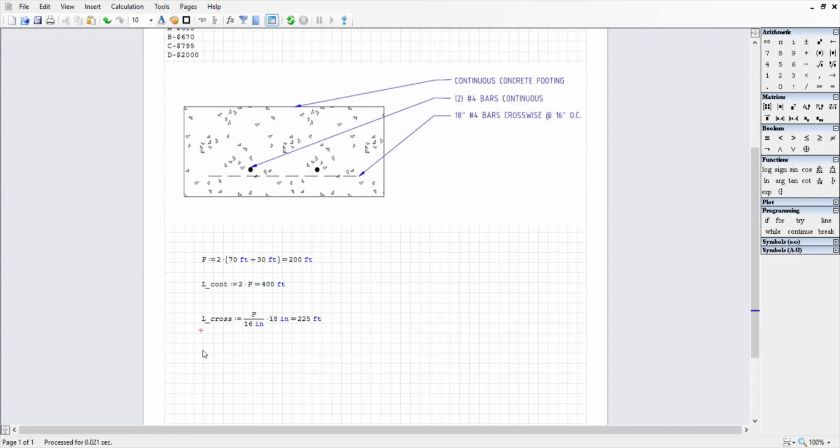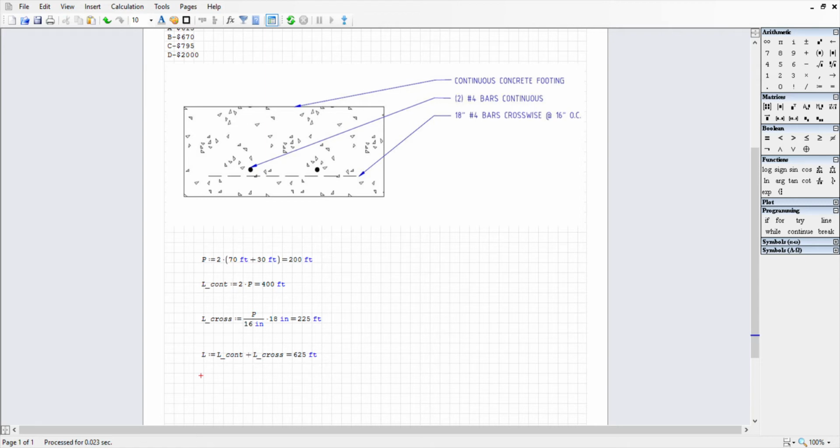Alright. So then we'll just do the total length is the length of the continuous rebar plus the length of the crosswise rebar in feet, so that's 625 feet.